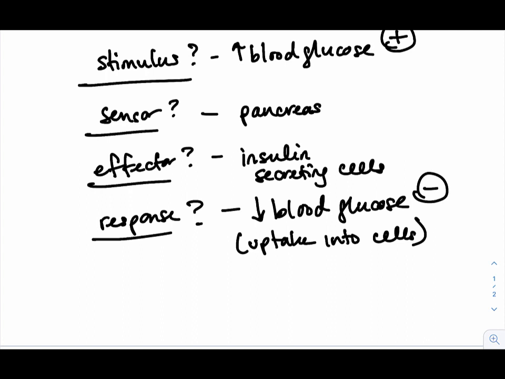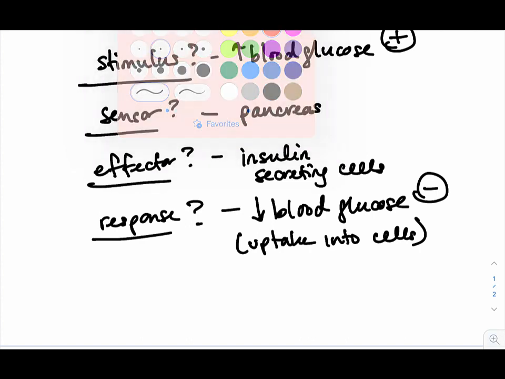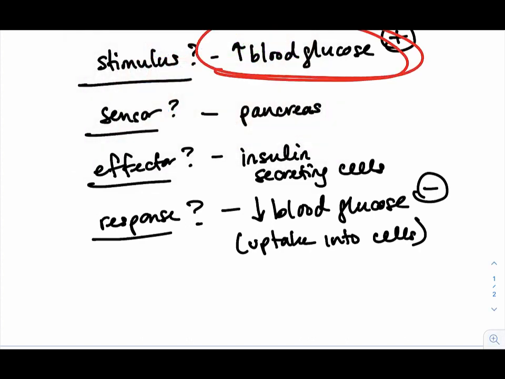That's a classic negative feedback regulation, keeping blood glucose levels within range. Of course, we know a really common example of when this particular type of homeostasis is disrupted, and that's diabetes. Classically, very high blood glucose levels in diabetes because of the lack of ability to balance. The reasons for diabetes we'll get to later.